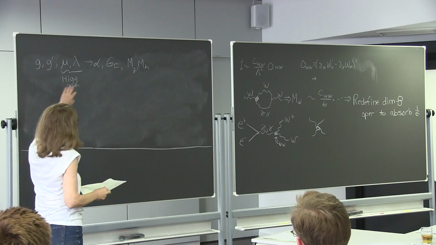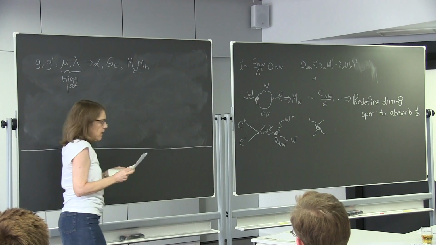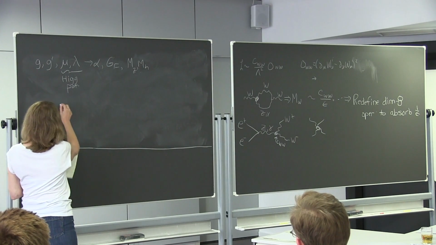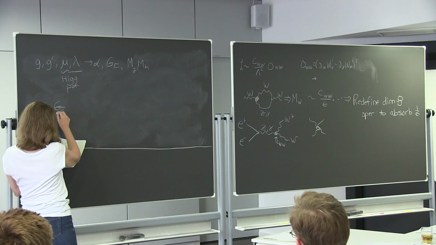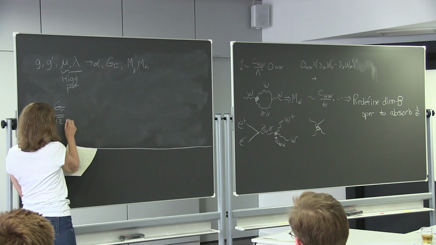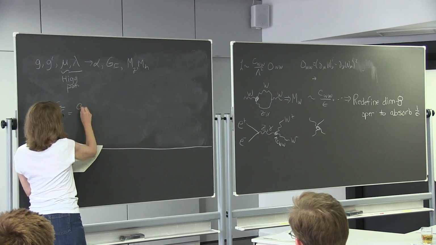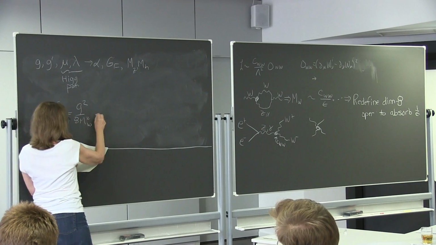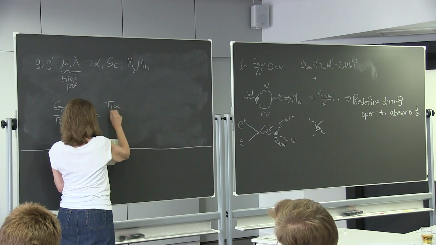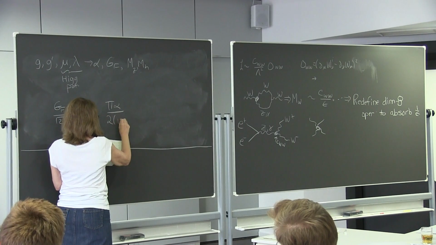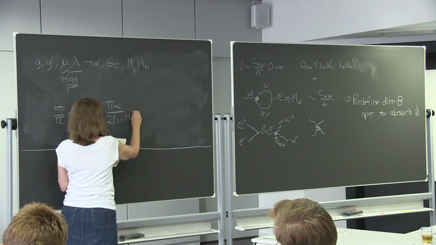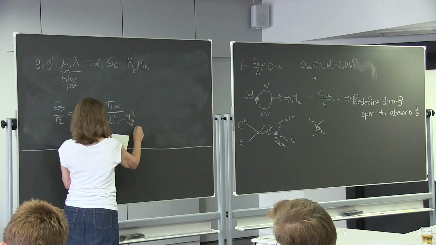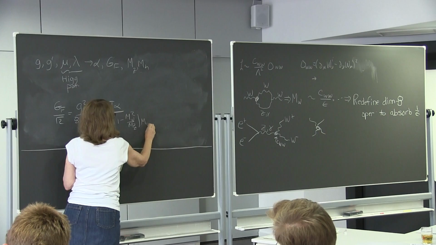The reason I'm going to do this is because these are very well measured, except for MH, I suppose. So G Fermi over the square root of 2 is equal to g squared over 8 MW squared, equal to pi alpha over 2 times 1 minus MW squared over MZ squared, times MW squared.